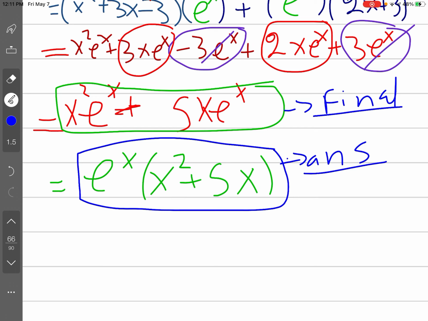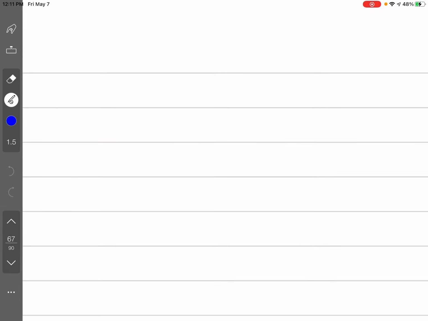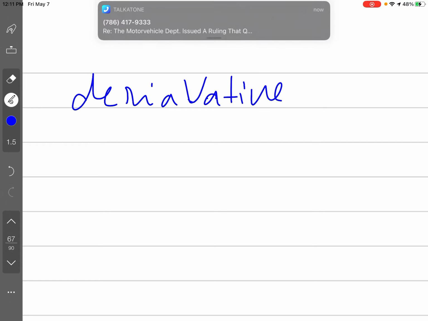We're going to do another question. So next question, I will choose find the derivative. If you see derivative, this side, derivative is the same thing.